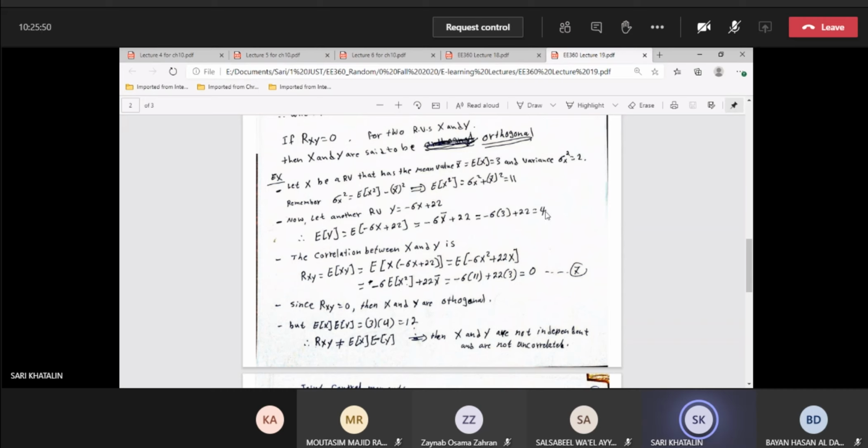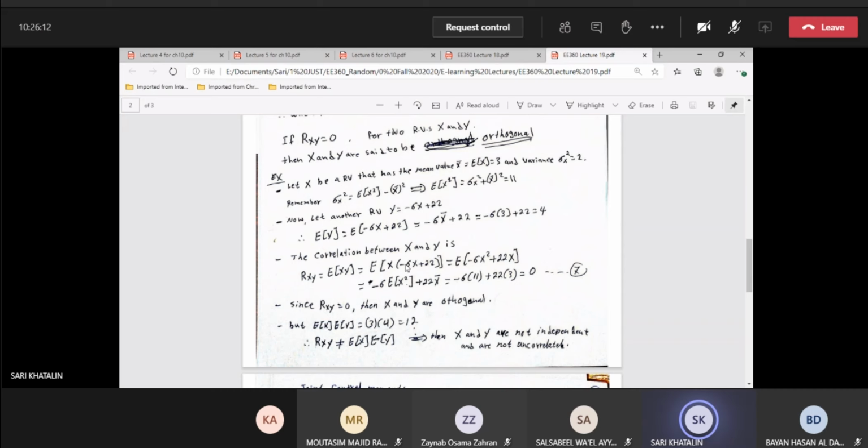Now we need to find the correlation between x and y. The correlation between x and y is basically the expected value of x times y. We don't have to do an integration, because all we have to do is take x times y, which is an expression in terms of x as well.